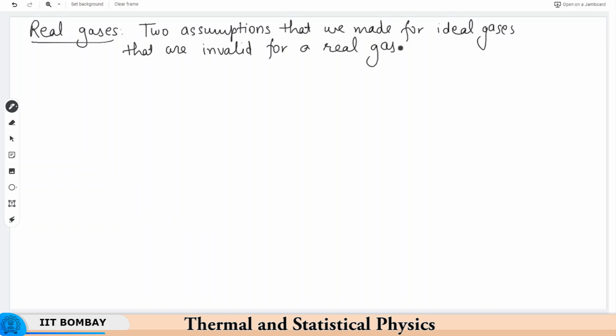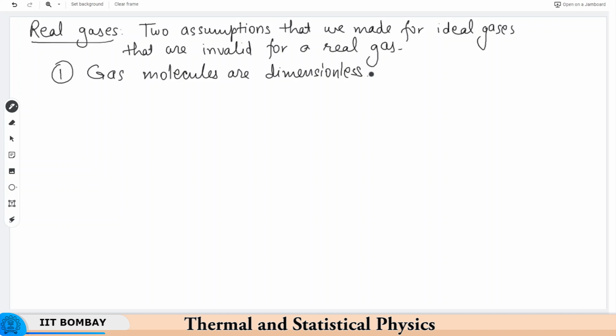And the assumption number one is that gas molecules are dimensionless, right? Which, if you think about it, basically limits us to the parameter regime where the density of gas is very low, right?